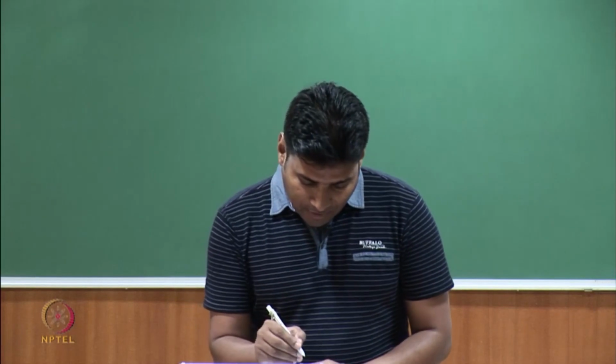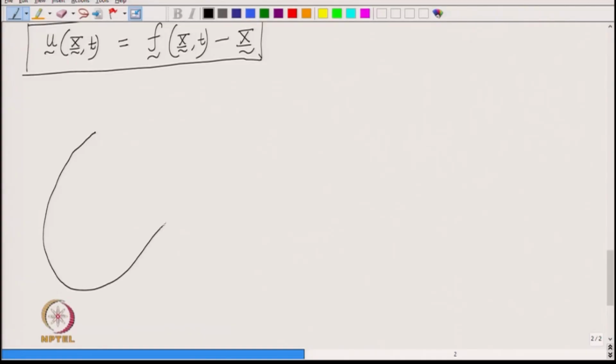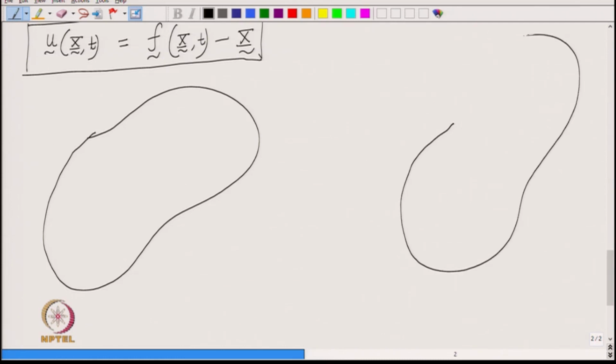Okay. So, let me again draw the two bodies, one in the reference configuration and the other in the deformed configuration, and think of a point in the reference configuration denoted by big X and another point very close to it, which would be big X plus some, let us say, delta x.